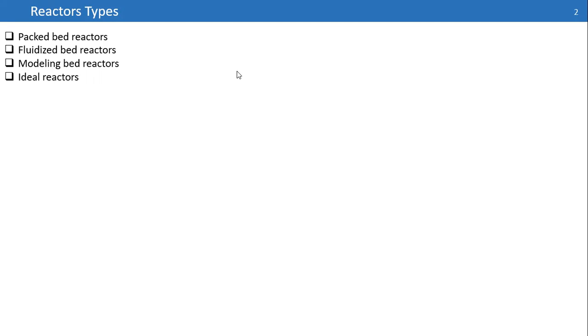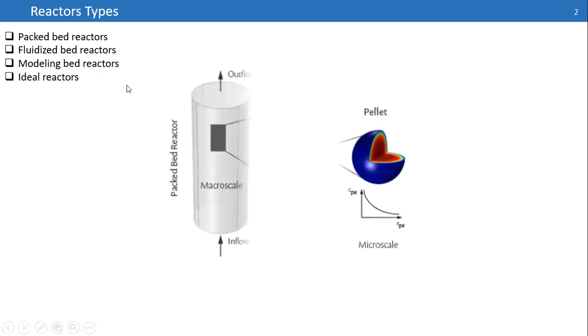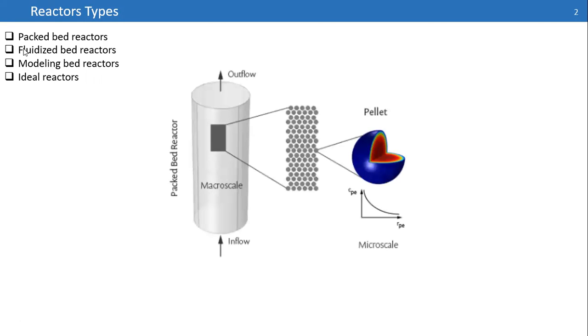But when your reactor is just a mixer, a mixer with a reaction inside, we can say your behavior is similar to a CSTR. In reality, for example, you have a packed bed reactor, the catalyst is loaded inside, the gas passes through the reactor, and not only is your gas moving, you also have axial dispersion.